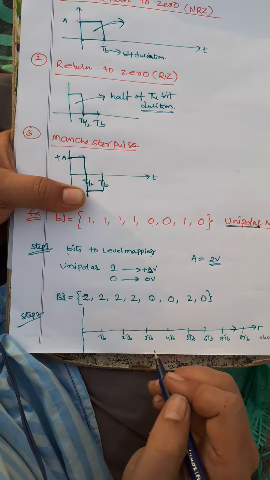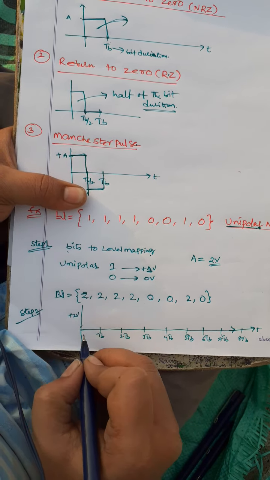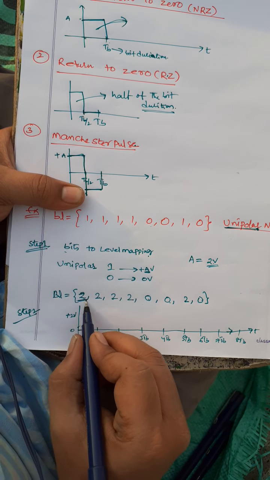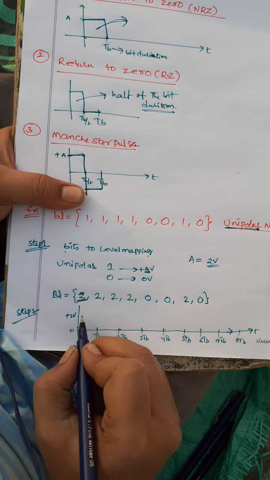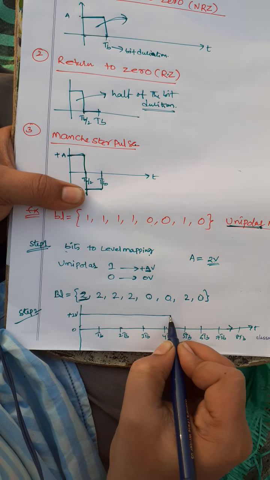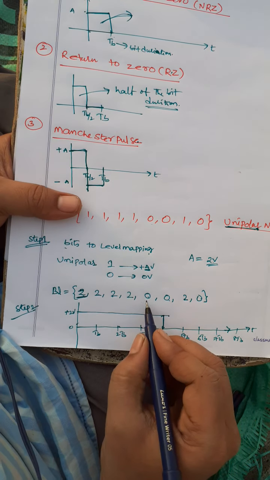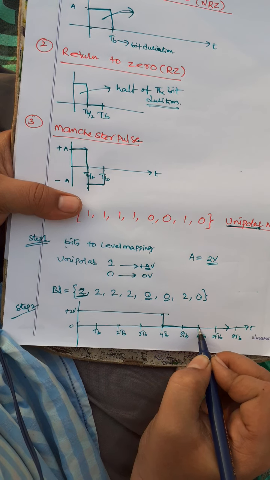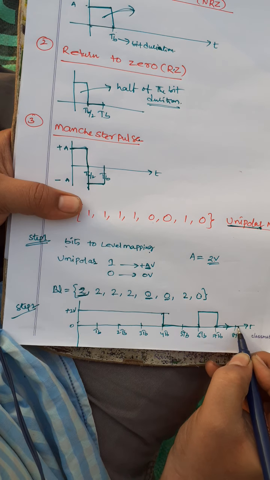These are my duration levels. In the first duration, the voltage level is 2 volts, and this is 0 volts. Second 2, third 2, fourth 2; up to the fourth duration the voltage level is 2 volts. In durations 5 and 6, the voltage level is 0. Then again 2, then 0.